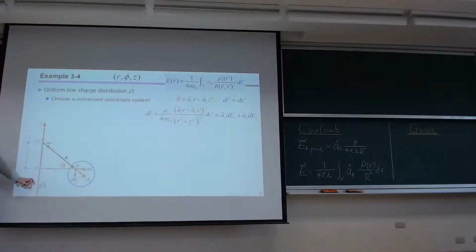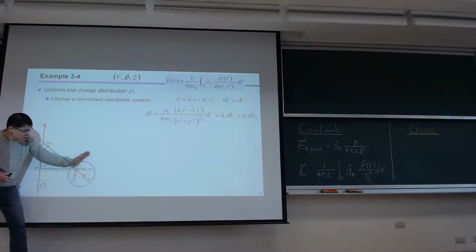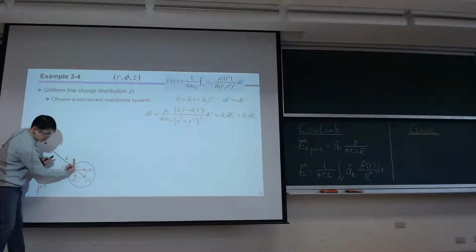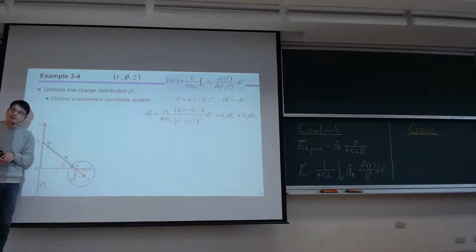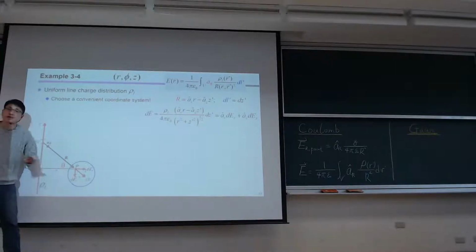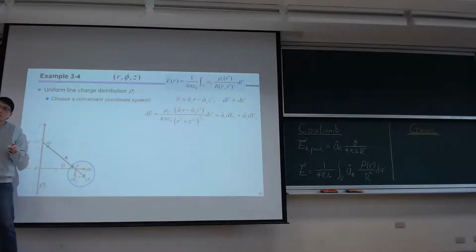So for a differential segment down here, it will contribute the E field intensity in this direction. So I can divide it into a positive z component and still a positive r component. Therefore, you can see the z components are eventually going to be canceled out completely. But the r component will be accumulated for all the differential segments.